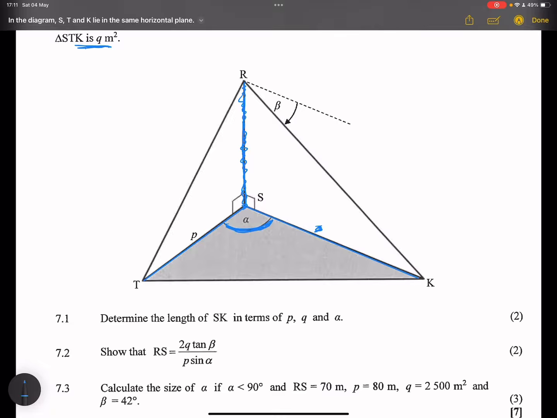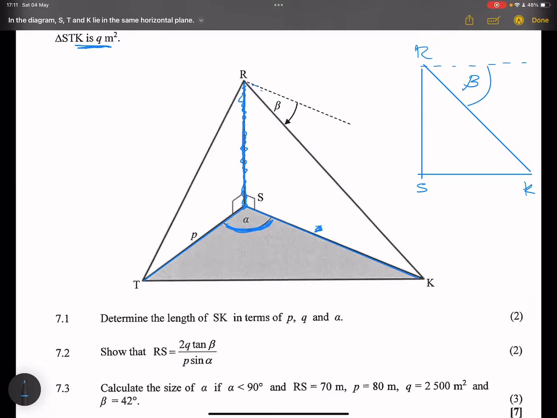Now, ladies and gents, I want you to please note this angle of depression. Remember that this angle over here is a horizontal line. So if I were to draw a 2D image of that triangle, it looks like this. This would be R, this would be S, and this would be K. What they've given you there is the angle of depression, which is beta.